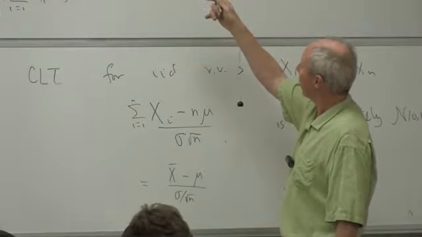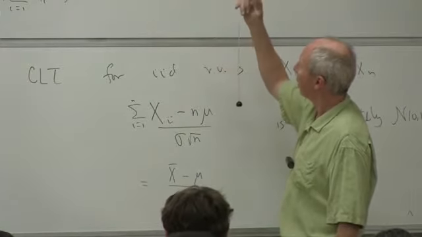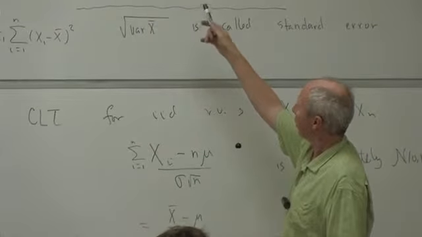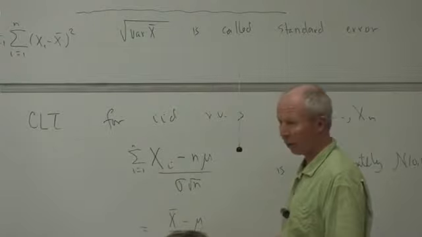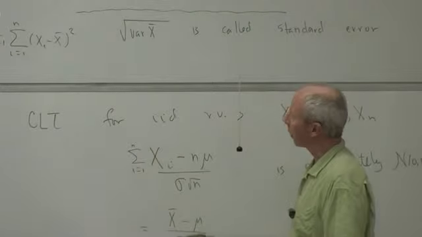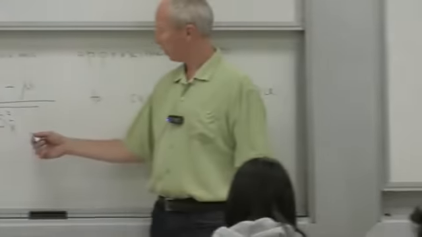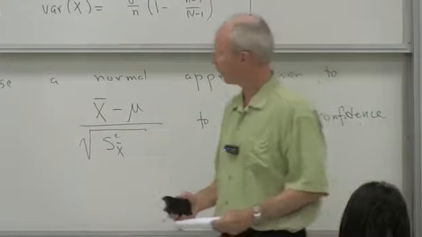In the simple random sampling setting, we have to modify s squared by that other factor there to get an unbiased estimator for sigma over root n. And we use this n instead. Okay. So we treat this as being a normal random variable.